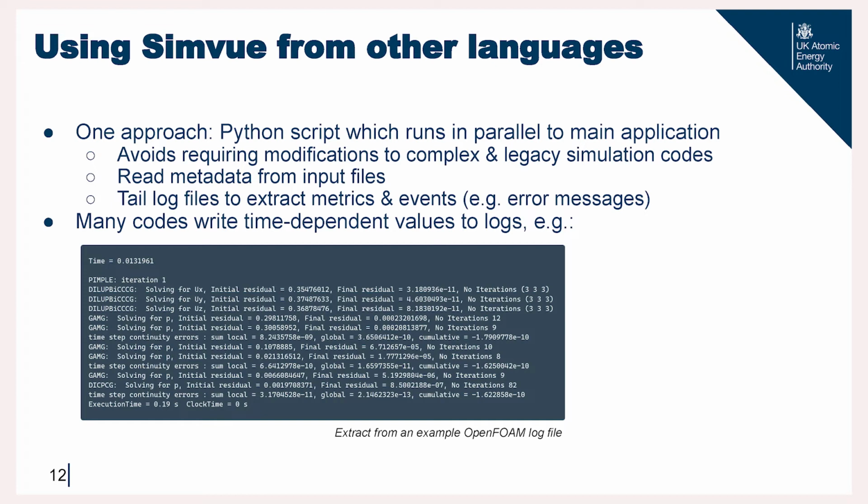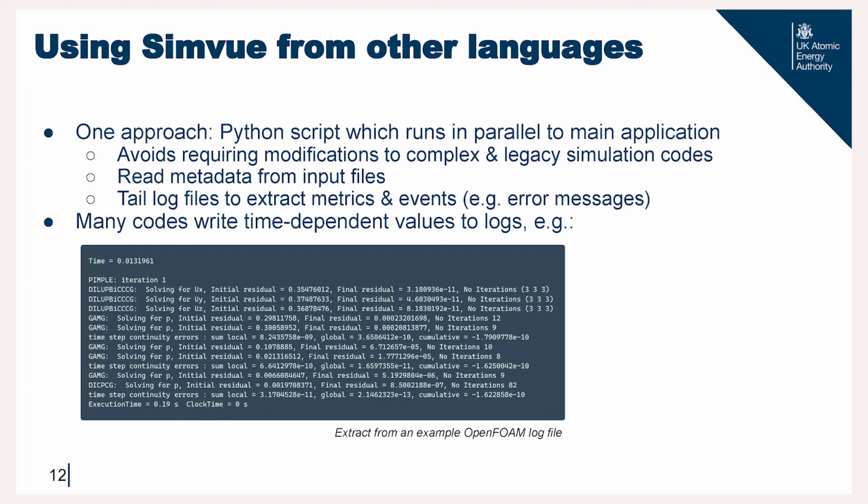In this case, it writes out residuals and other values every iteration, which helps people understand how well the code is converging or not, and you can easily extract these metrics and send them into SimView. And then you can watch things in real time rather than having to manually run scripts.